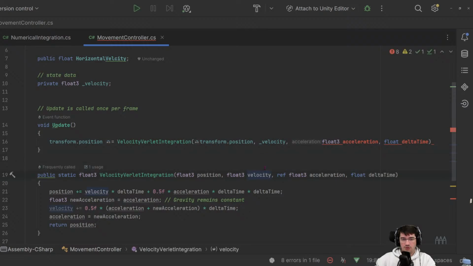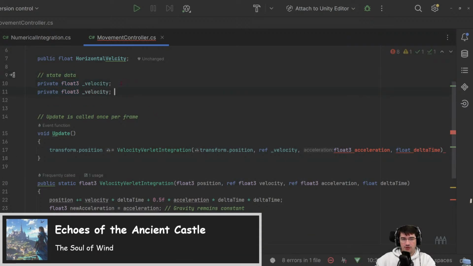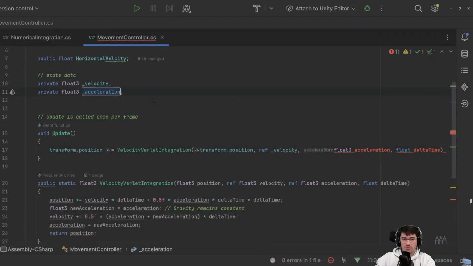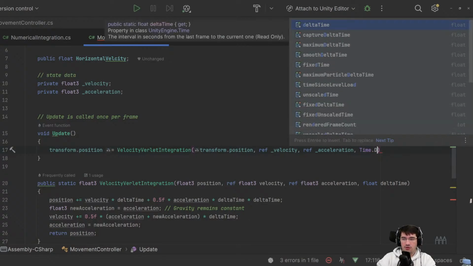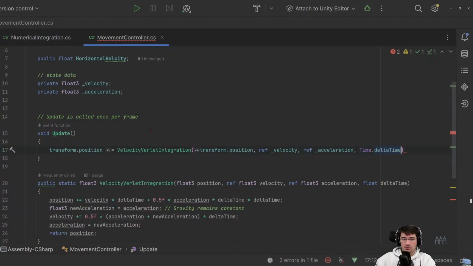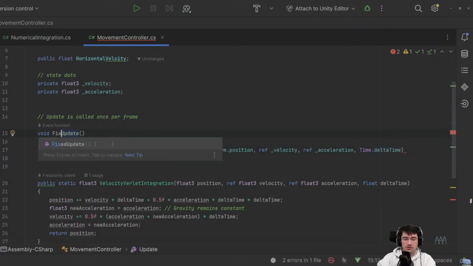Okay, and that needs to be updated, so I can put ref. The acceleration, it's the same thing. Let's do underscore acceleration. Okay, and the delta time is simply Time.deltaTime, and we said we would be in FixedUpdate.